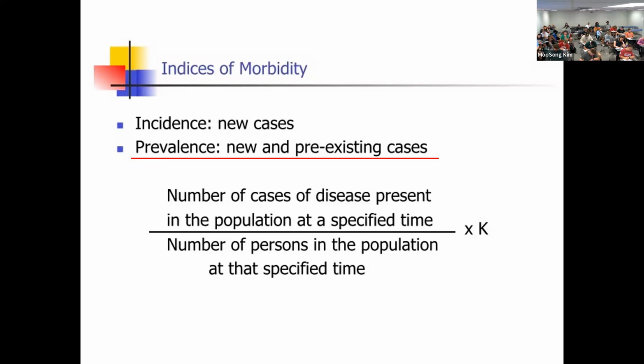So you don't need to worry about the number of people who already had the disease. Just use the total population, and we still use a constant.